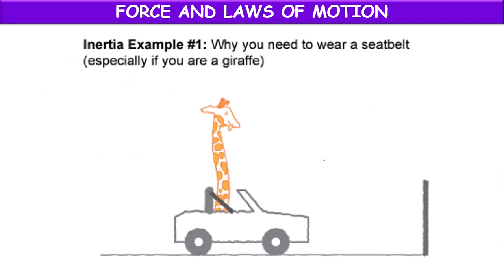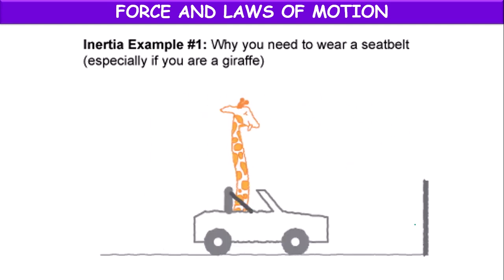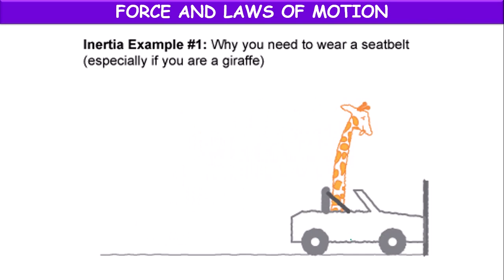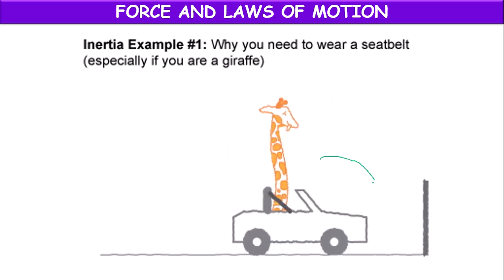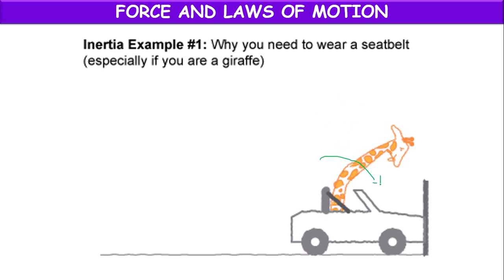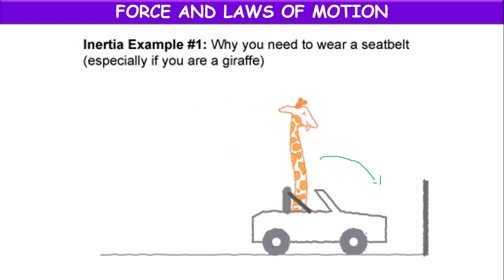Suppose here the giraffe is traveling in a car. Suddenly, if any obstacle comes in the way of the moving car and it touches the obstacle, the giraffe will bend forward. Because of the obstacle, the car may stop.